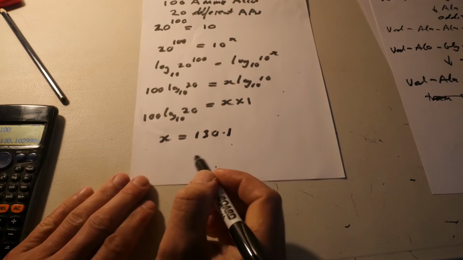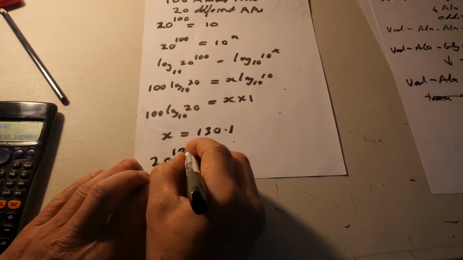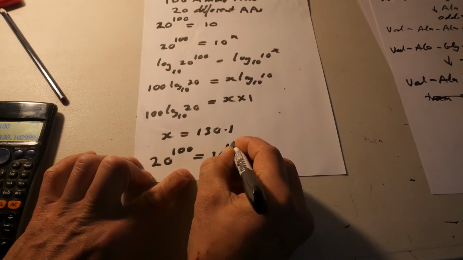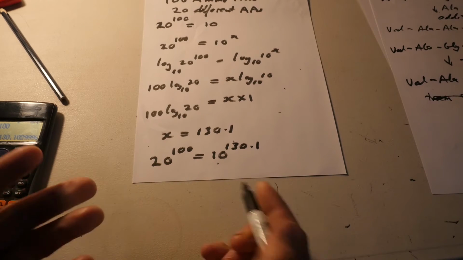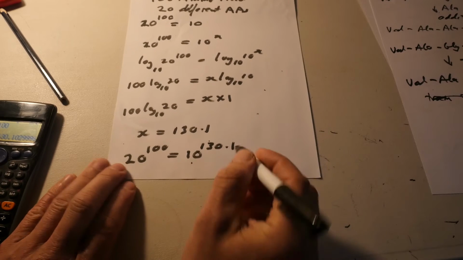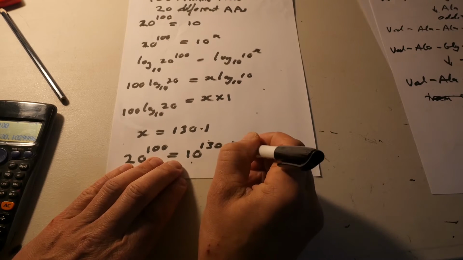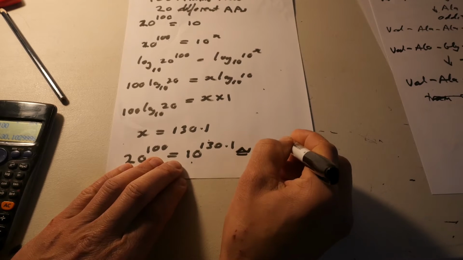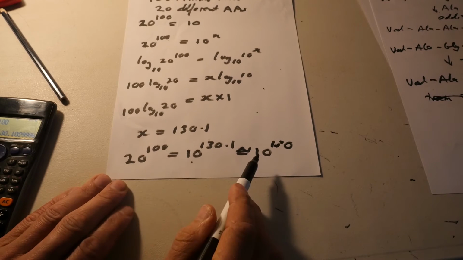So therefore 20 to the 100 equals 10 to the power of 130.1, okay? Approximately 10 to the power of 130, so it's a vast number.